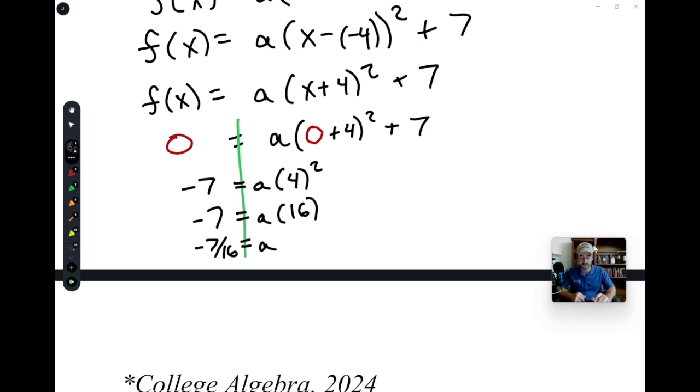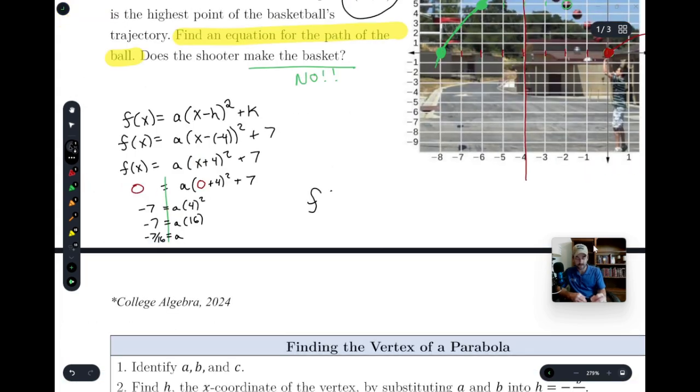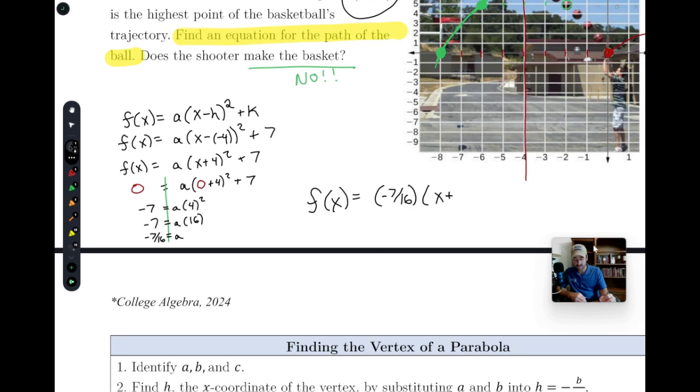Kind of an ugly fraction, but it's just a fraction. I think we're done. If we plug that back into our original equation, you get f of x equals, I'm going to put parentheses, be careful with that negative sign and that fraction, -7 over 16 times x plus 4 squared plus 7. And we got ourselves an equation.